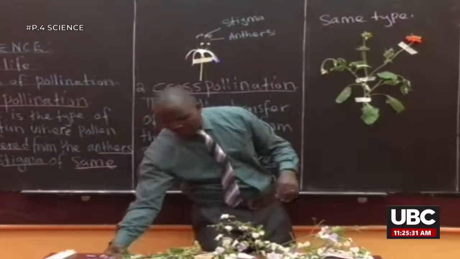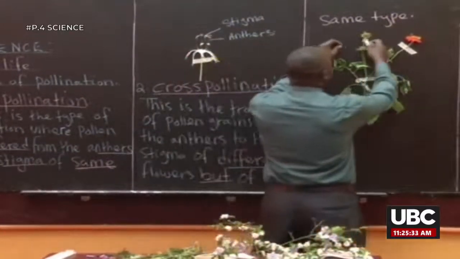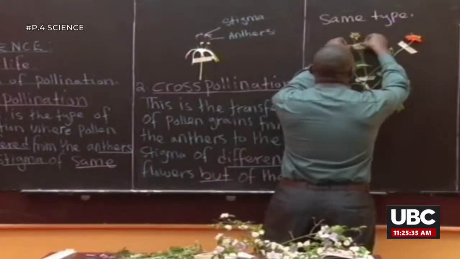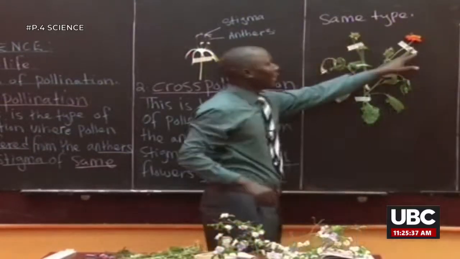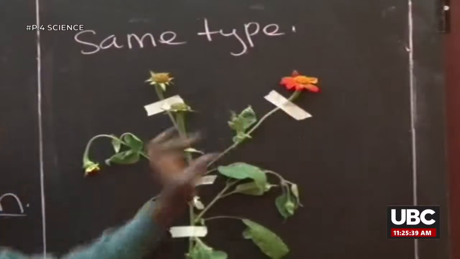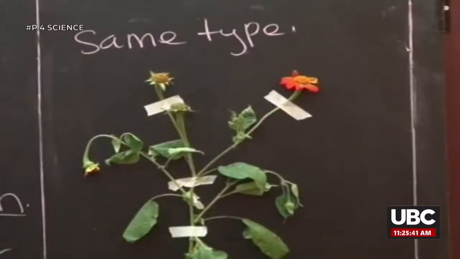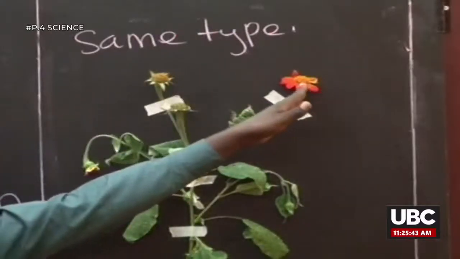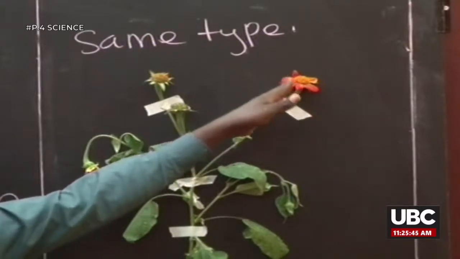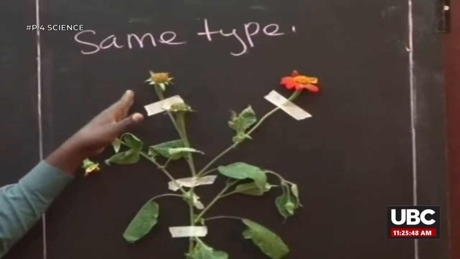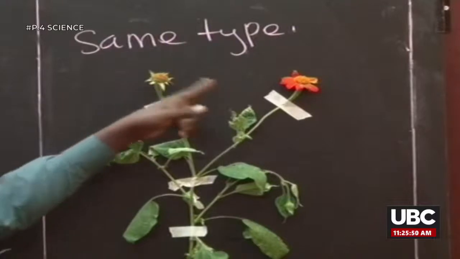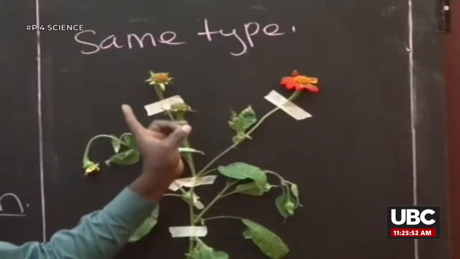So what happens in cross-pollination is that pollen is carried from one flower to another flower, but they are of the same type.